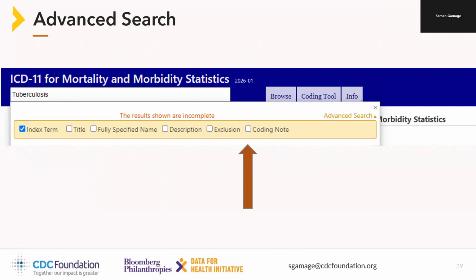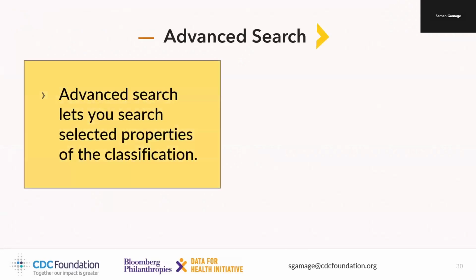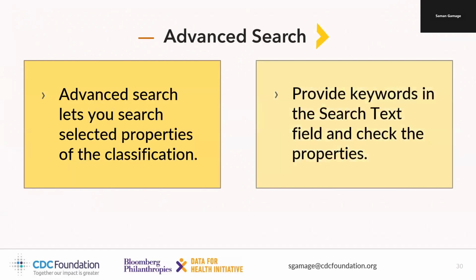There are 6 different properties to use for advanced search. Advanced search lets you search selected properties of the classification; provide keywords in the search text field and check the properties.